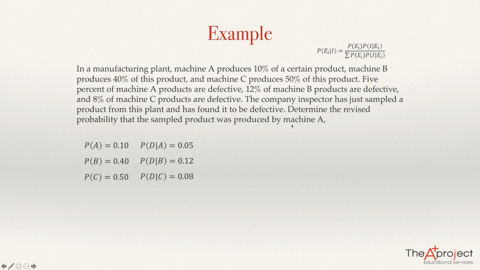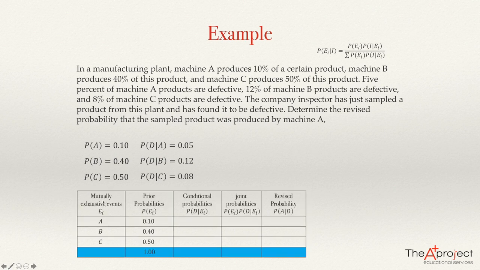So we can solve this problem using this formula because all these events A, B, and C are exhaustive and mutually exclusive. So we are going to construct a table, and in this table we type first the mutually exclusive events A, B, and C. The probabilities of all of them add together to 100%.